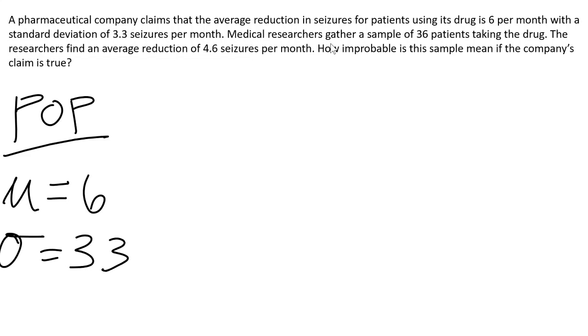Medical researchers gather a sample of 36 patients taking the drug. The researchers find an average reduction of 4.6 seizures per month. How improbable is the sample mean if this company's claim is true?